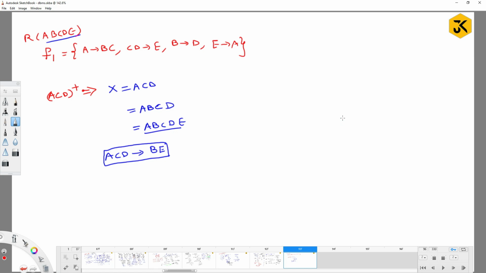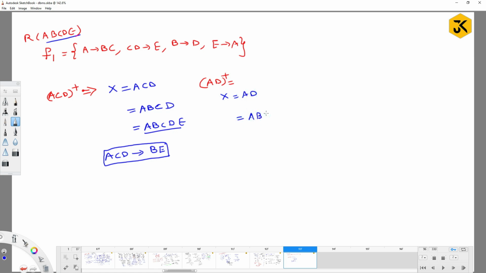For example, A determines BC, or else let me take the same example. Can you compute the closure of AD? AD closure, X equal to AD.